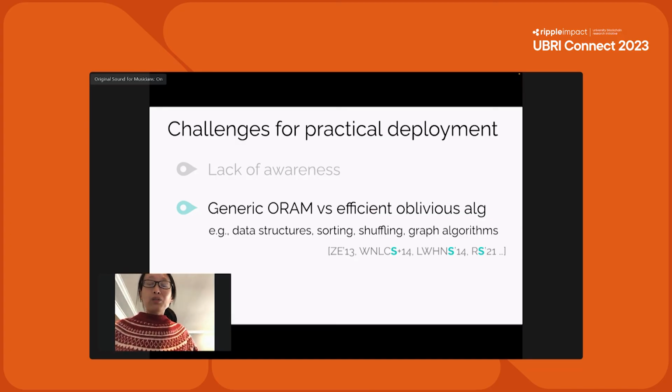We want to provide both the generic version, where you can just take your legacy program and it's ready to go, but if you want to speed things up, you can look inside the program and replace data structures and non-Oblivious components with the Oblivious map and set and so on. That can be a better approach in terms of efficiency.